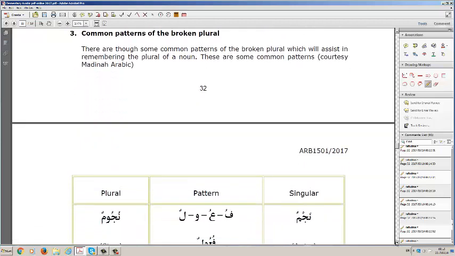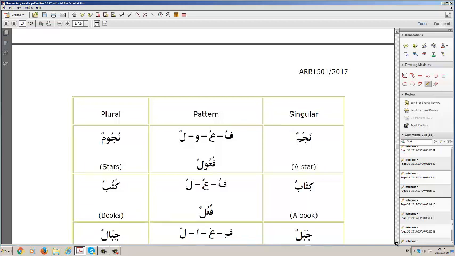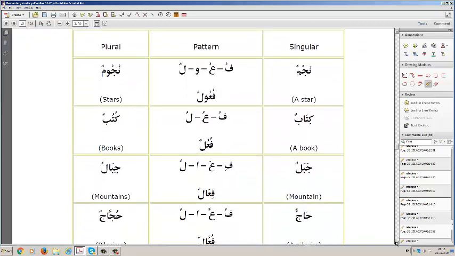And what are some of the common patterns of the broken plural? We'll give a few here, and as we said, you'll learn this through experience. For example, you have the word najmun, which means a star, and its plural is nujumun, and it's on the pattern. And remember, we said you use fa'ala as your basic prototype, and you model other words on this particular pattern.